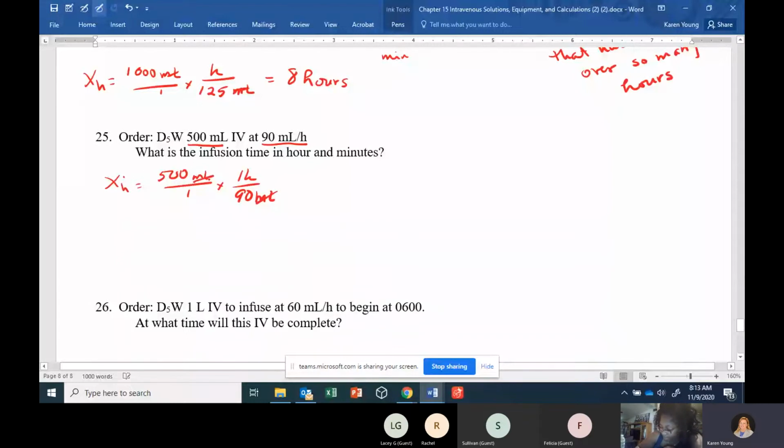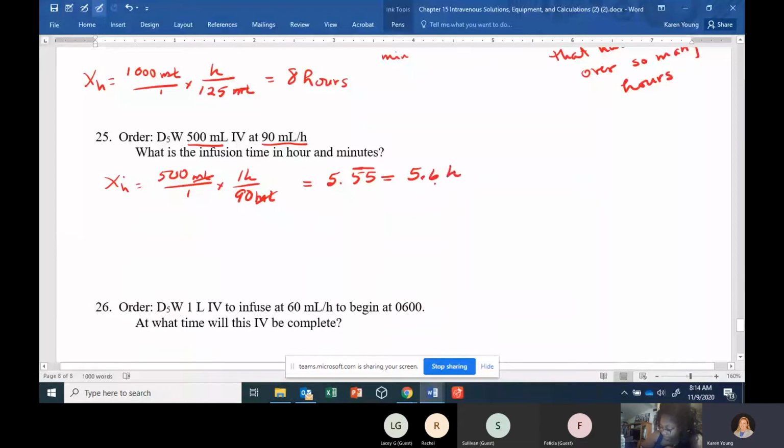My milliliters will cancel, so I'm doing 500 divided by 90, and I get a repeating decimal. I get 5.5 repeating. If I round that, it would be 5.6, because that would be 5.55. So I have 5.6 hours.